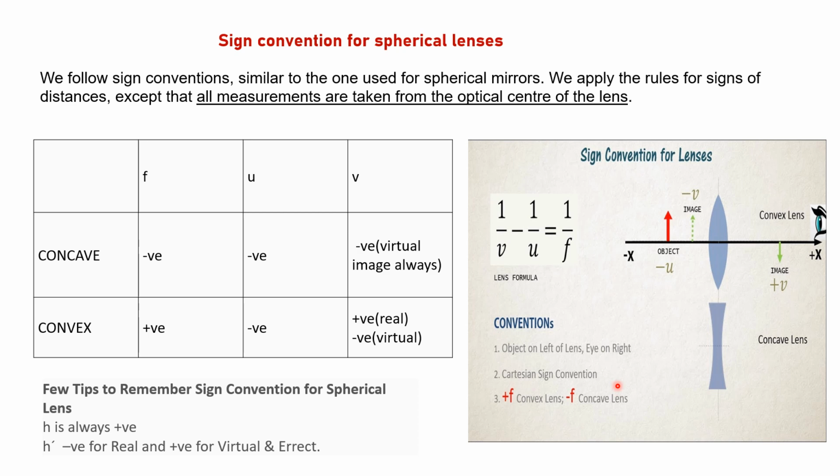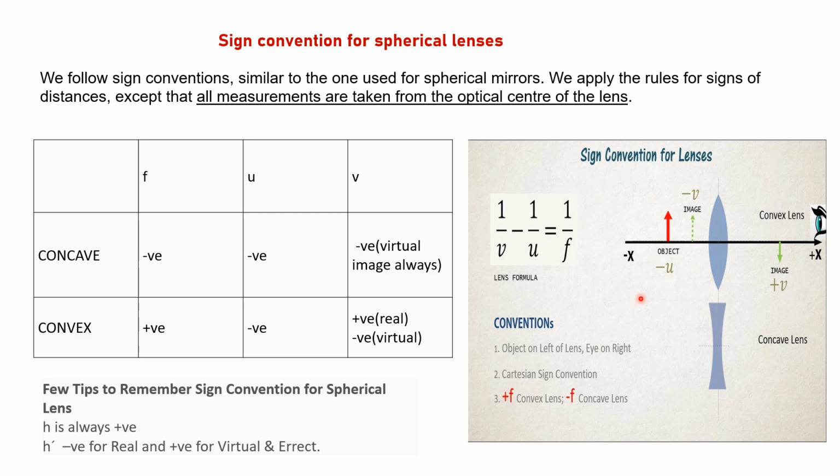In case of convex lenses, the focal length is from the optical center to F2, which is on the right side, so definitely this is positive. Focal length of a convex lens is positive, whereas focal length of a concave lens is negative. That is the only difference.